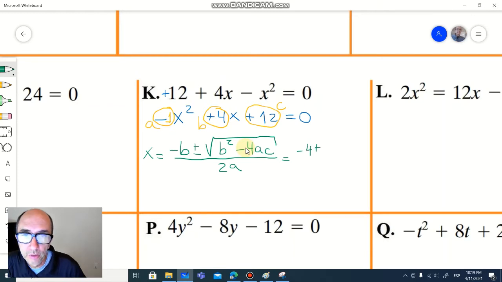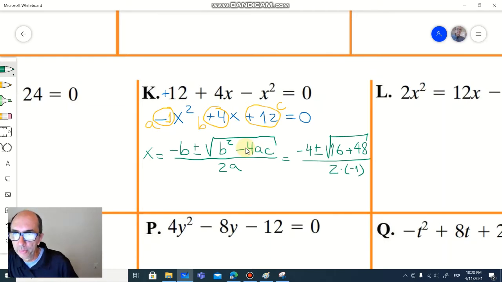Negative 4 plus or minus the square root of b squared, 16, minus 4 times negative 1, negative times negative is positive, 4 times 12, 48, right? 16 plus 48 over 2 times negative 1. And then we will have x equals negative 4 plus or minus the square root of 16 plus 48, the square root of 64, over negative 2.